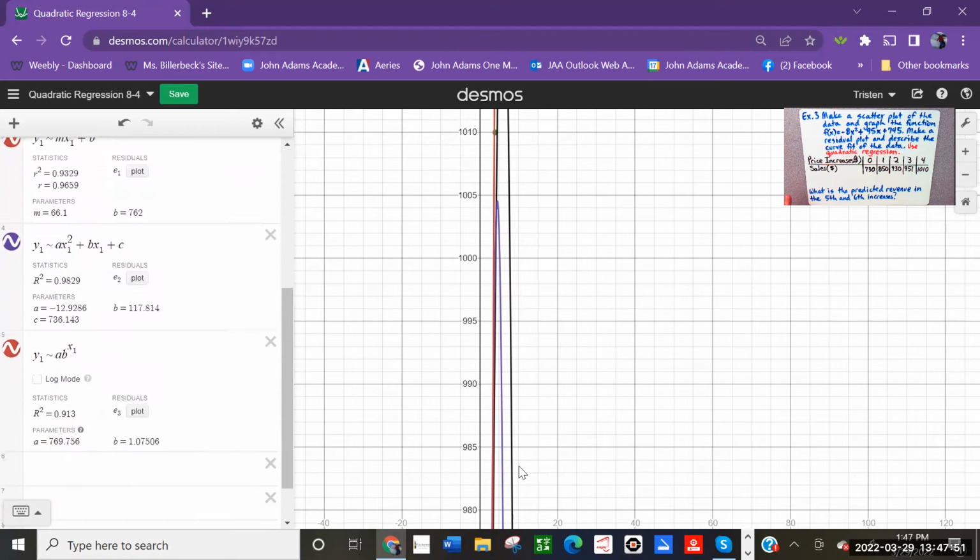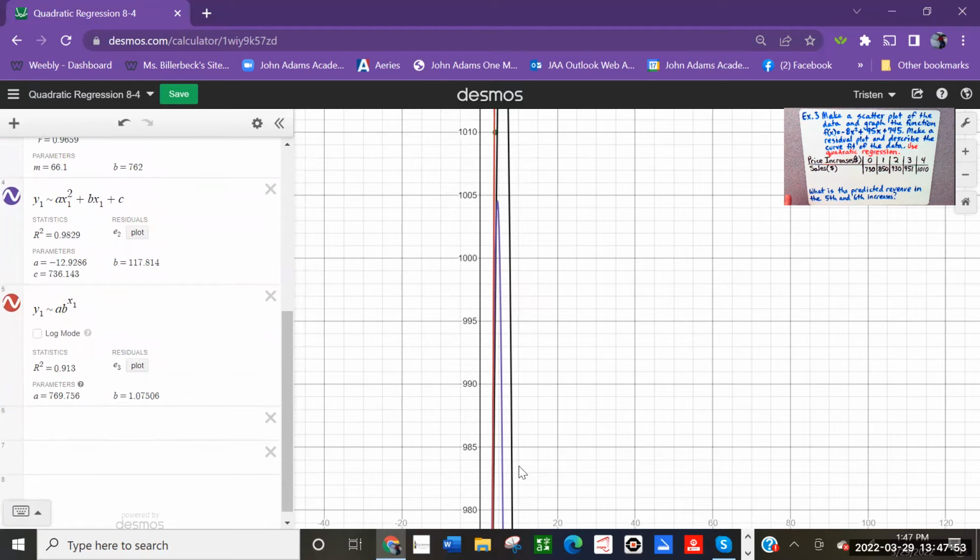So actually the computer came up with an even better equation for that parabola, at -12.9 for the A, and then the B instead of 95 at 117.8, and then the C was 736. So that's kind of interesting. The curve fitting is very good using the graphing calculators.